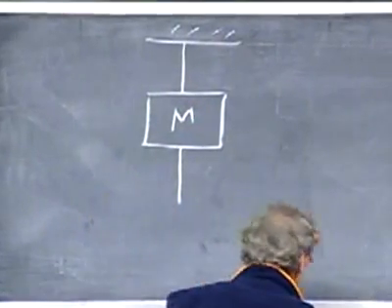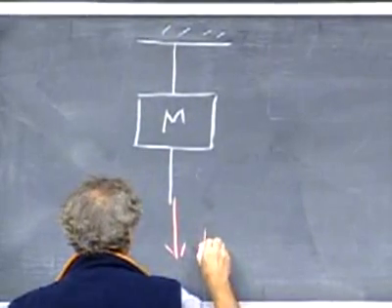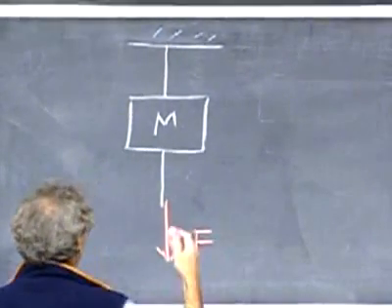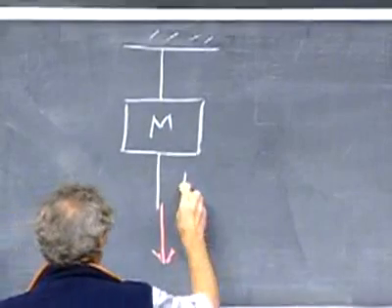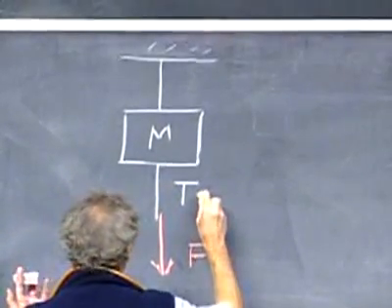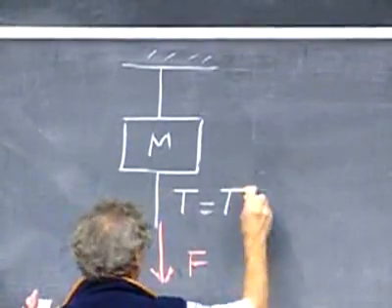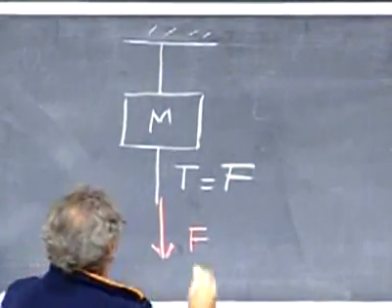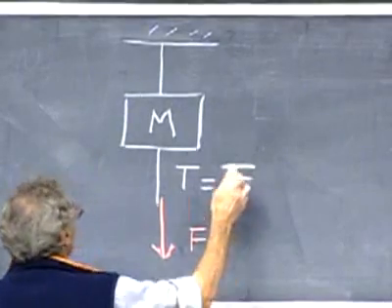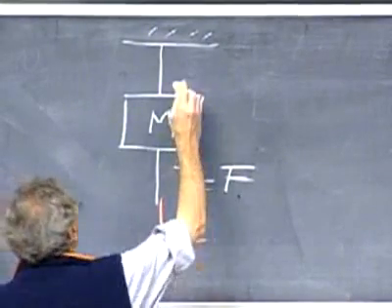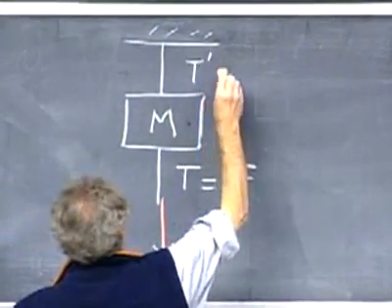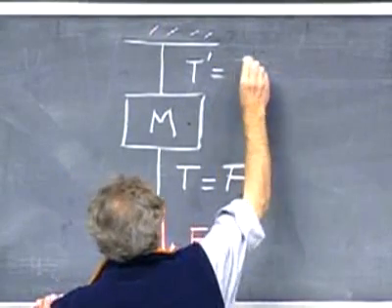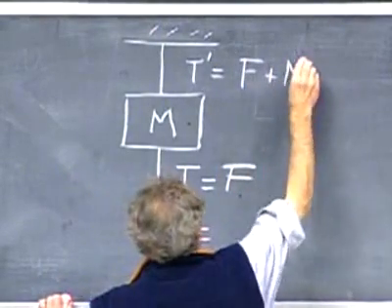We're going to pull on this with force F. Nothing was happening, so the tension here, T, is F. Here, there is both the force F plus the weight of the object. So here you have, call it T prime, equals F plus mg.